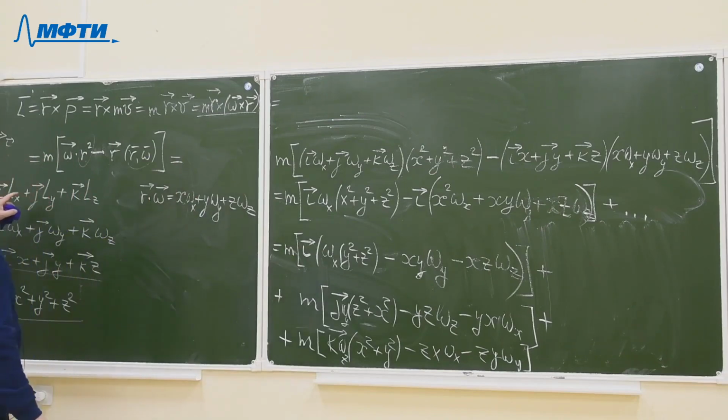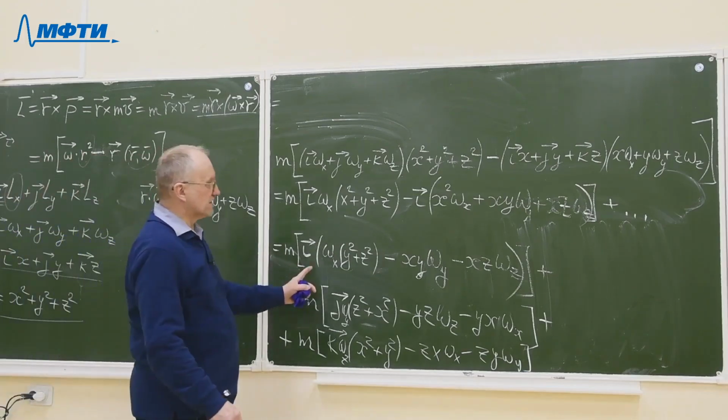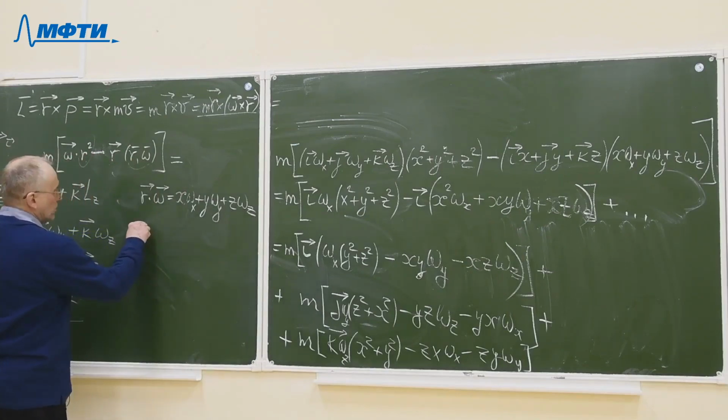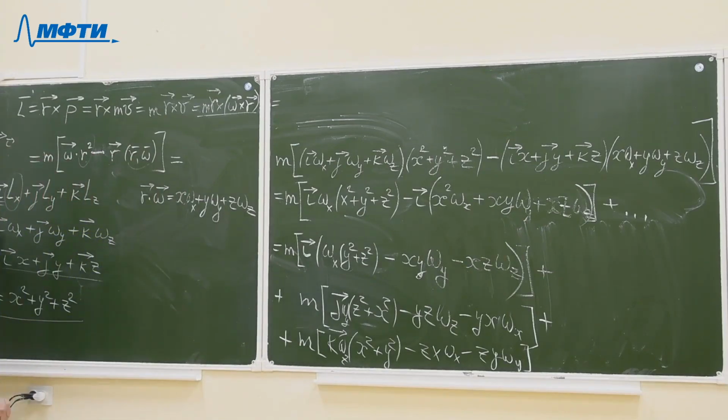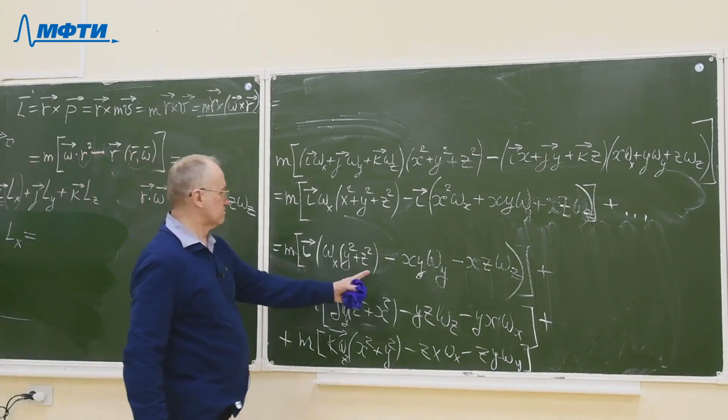If I was looking for components of vector L, and vector L can be expressed in this way, like vector i times the x component of vector L, vector j times the y component, etc. So the coefficient which stands at vector i here is the x component of vector L. So I know this x component. X component of vector L, I know it well, I have found it.